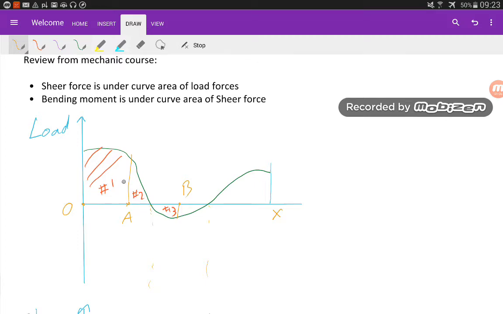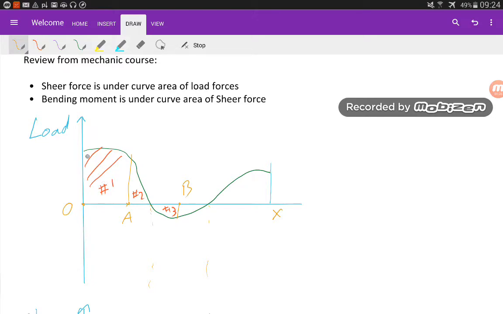What is the area from point O to point A? This is your load pattern. Could be the weight of your object, could be some additional weight on that one, or some pushing force, which for the vessel could be buoyancy and weight of the vessel and the cargo you have loaded.